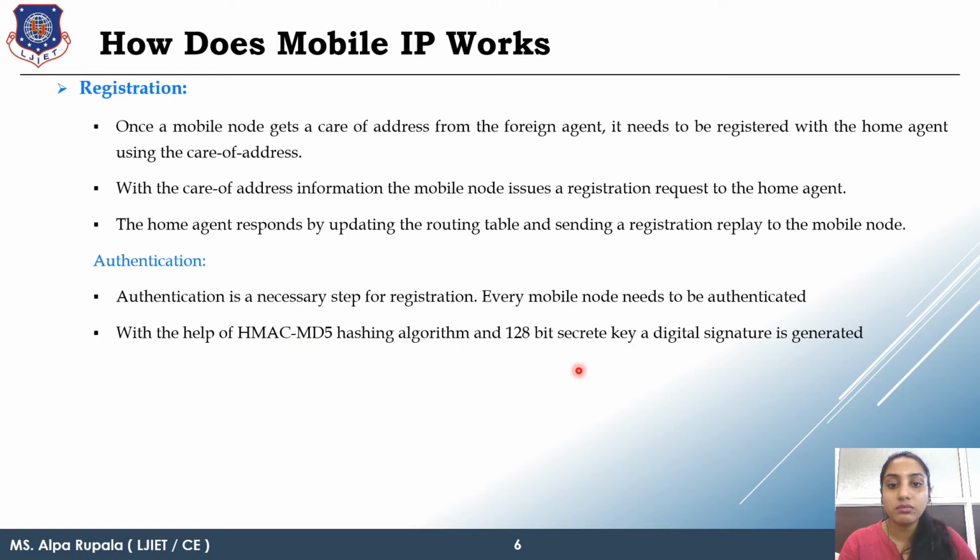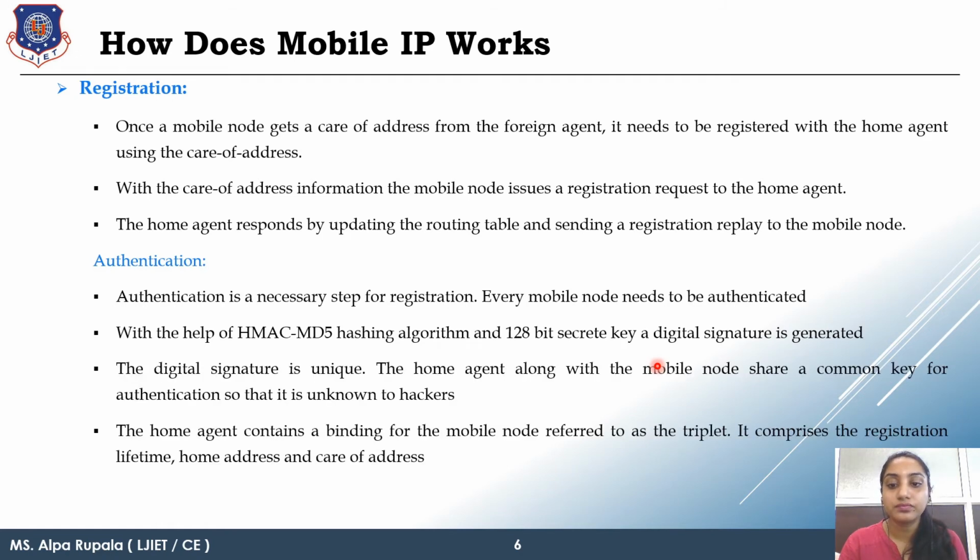This algorithm and the 128-bit secret key combined produce the digital signature. Now this digital signature will be sent with the care of address and home address to the actual home agent. So your actual home agent right now has basically three parameters.